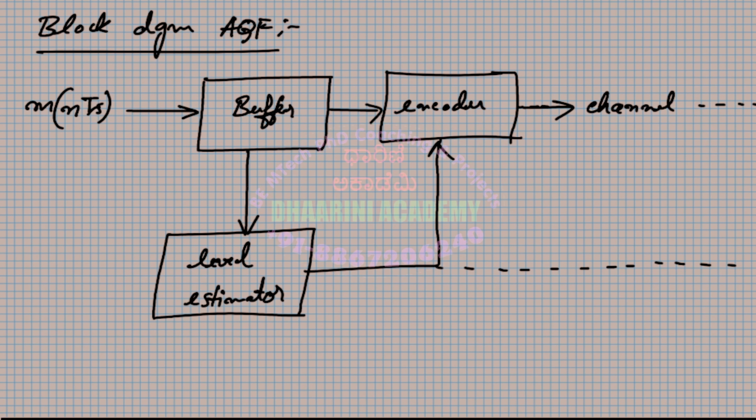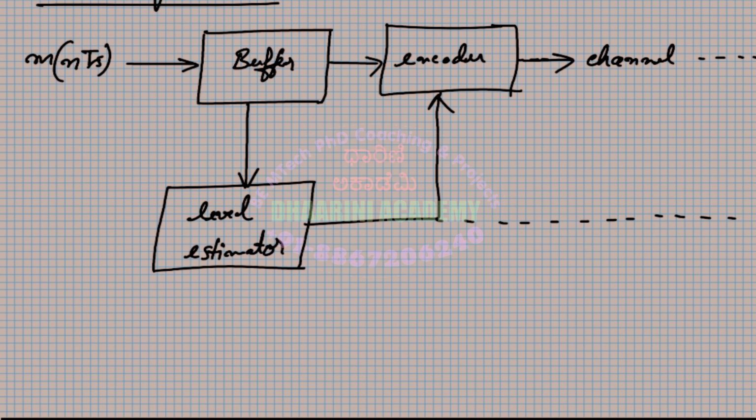Similar to this AQF, I will have the other part which is AQB. So let's try to represent the AQB. It is the backward estimation, in the sense I will get the same input n of nTs. This is given to the encoder. See the difference?